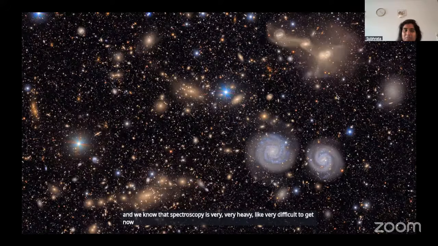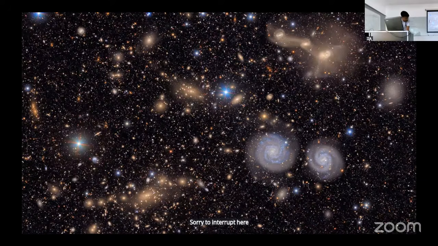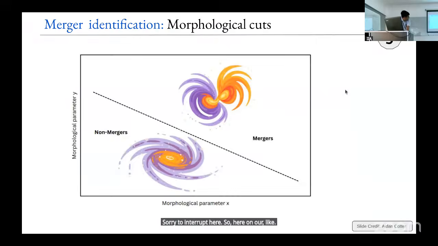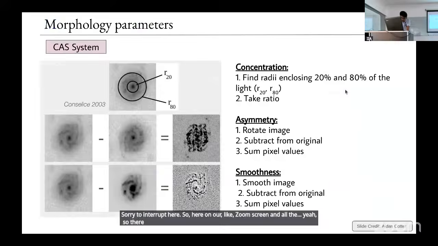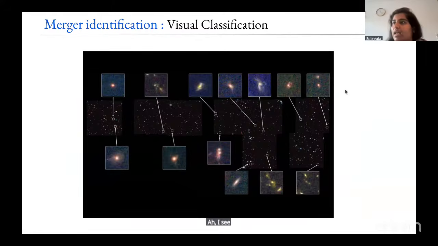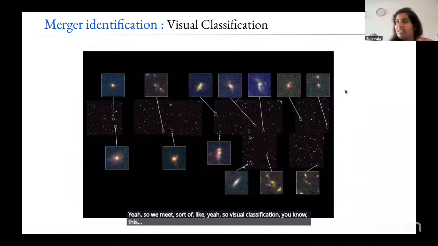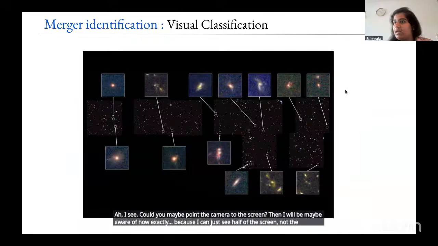Sorry to interrupt here. On our Zoom screen, there's a significant lag between you changing the slide and what I see. Could you maybe point the camera to the screen? Then I will be aware of exactly what is shown, because I can just see half of the screen, not the complete screen.